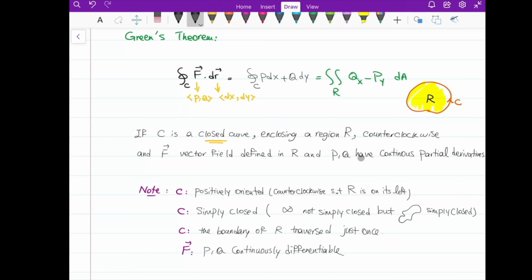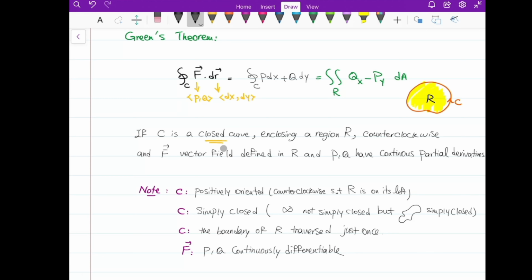Which means that they should have continuous partial derivatives, which means that P and Q should be continuous. They should have all the partial derivatives, and the partial derivatives should be continuous. That's why we say that P and Q should be continuously differentiable.